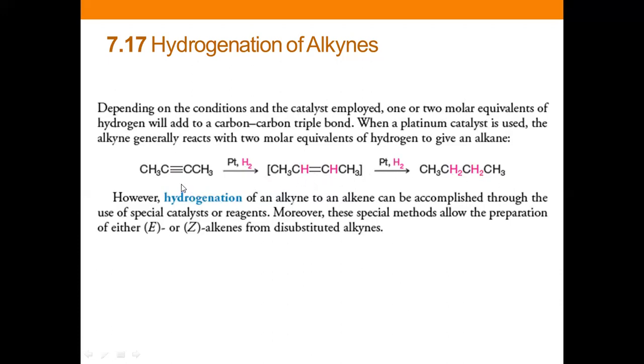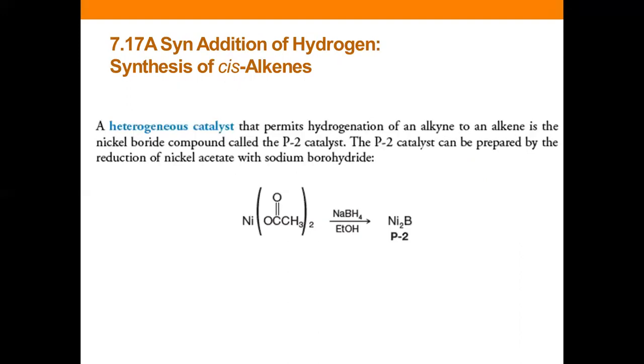So this kind of reaction, the addition of hydrogen to your alkynes and alkenes, is an example of an addition reaction. So it's the opposite of the elimination reaction. The hydrogen is being added to your alkynes and alkenes. So again, as I have mentioned, one of the heterogeneous catalysts that permits the hydrogenation of an alkyne to an alkene is nickel boride.